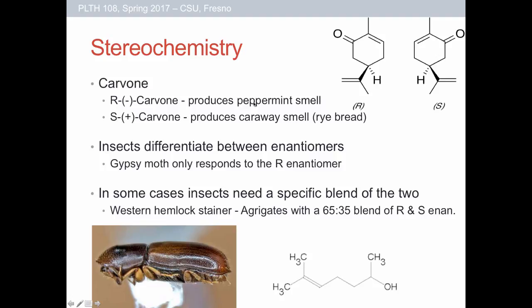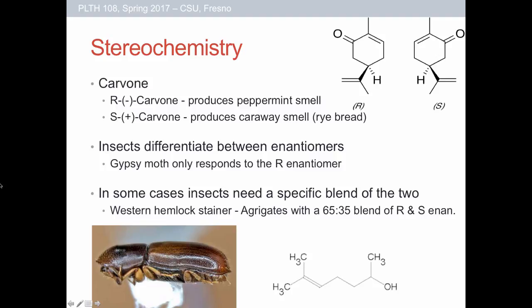R-carvone produces the smell of peppermint, whereas S-carvone produces the smell of caraway seeds. So it's kind of the difference in smell between a peppermint patty and a slice of rye bread, that it's chemically identical except for the direction some of the groups point, and it produces a hugely different response.